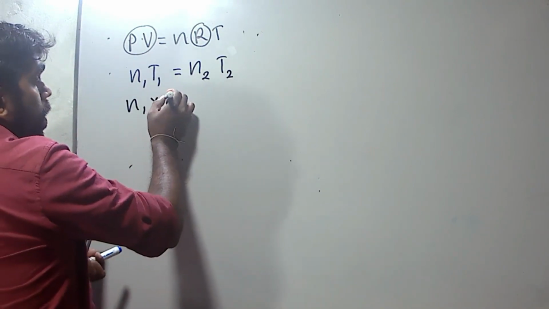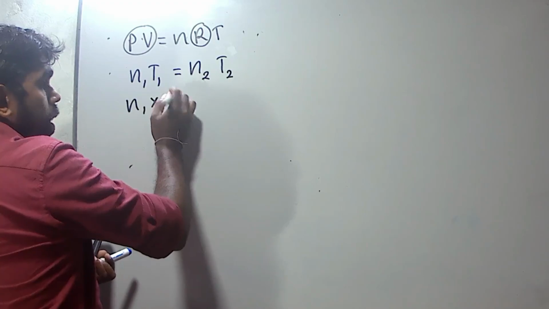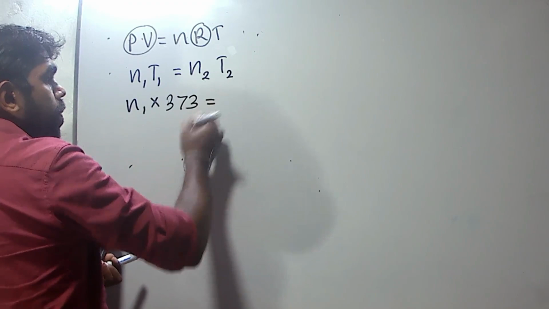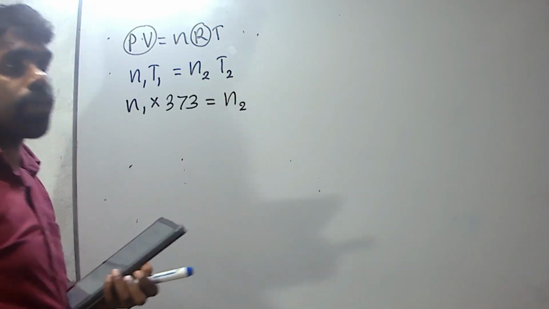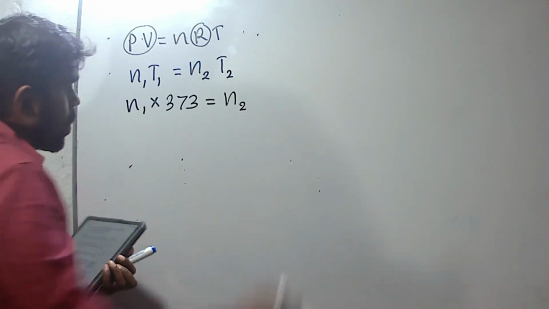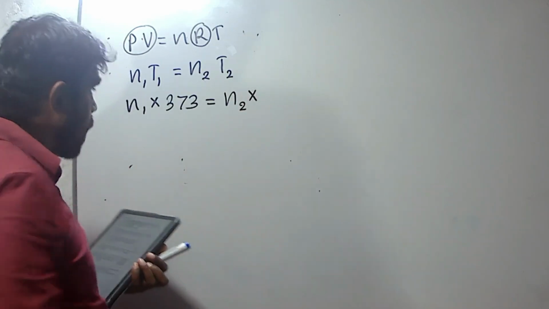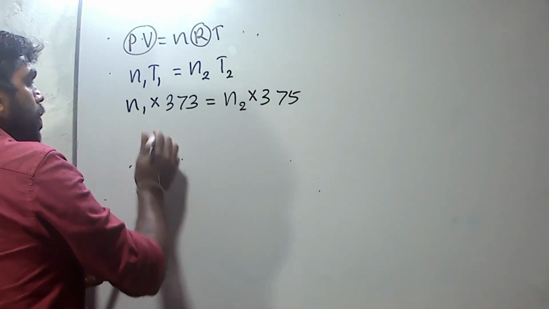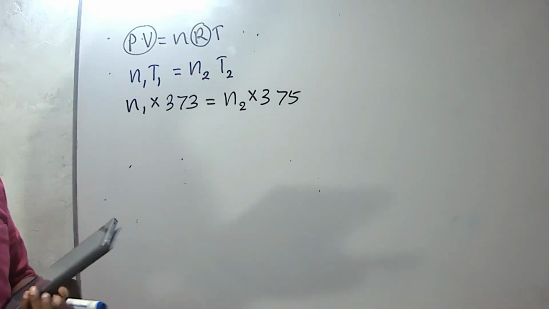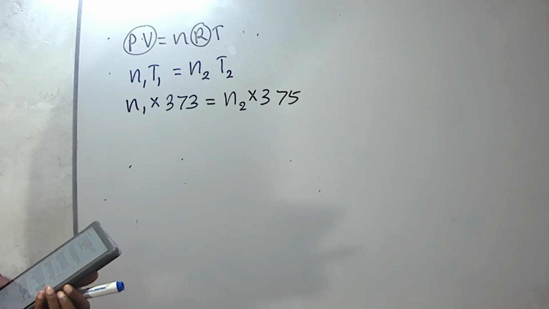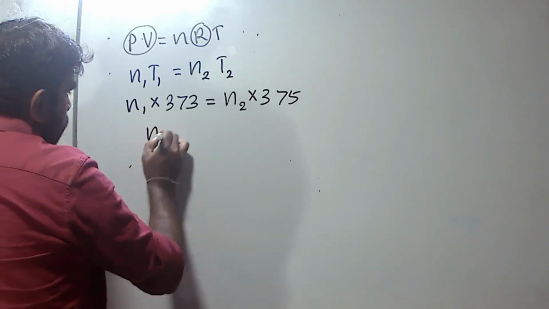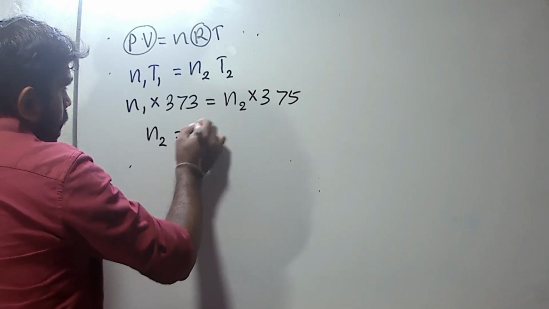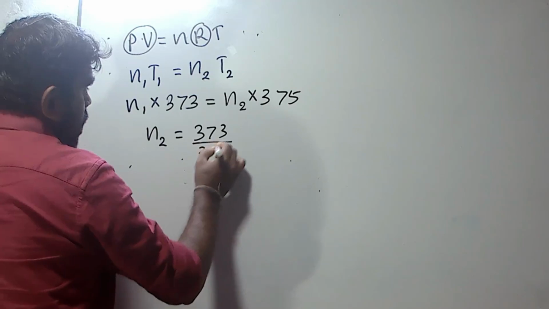We have to substitute in Kelvin. 100 plus 273, 373 Kelvin. Final number of moles N2 multiplied by final temperature 375. Then we can get the ratio between initial number of moles and final number of moles. I will express final number of moles N2 as 373/375 N1.